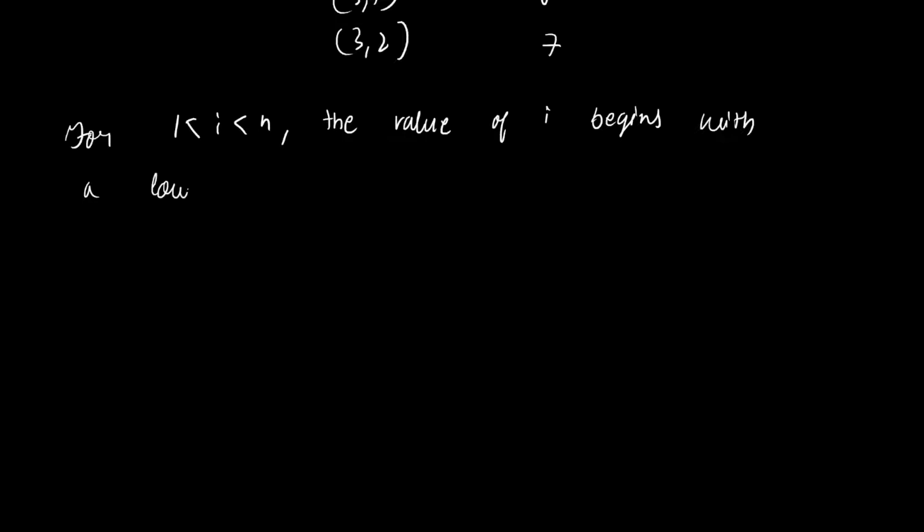So for 1 less than i less than n, the value of j begins with a lower value than the previous row.